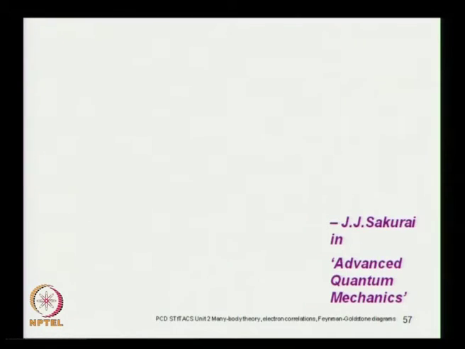And on a lighter vein, I would like to quote Sakurai from his book Advanced Quantum Mechanics. Sakurai has got two excellent books, one is Modern Quantum Mechanics, which you have used, the other is Advanced Quantum Mechanics, which also some of you would have used, which I strongly recommend, which is very good. And in this book Sakurai has got a rather interesting quote.